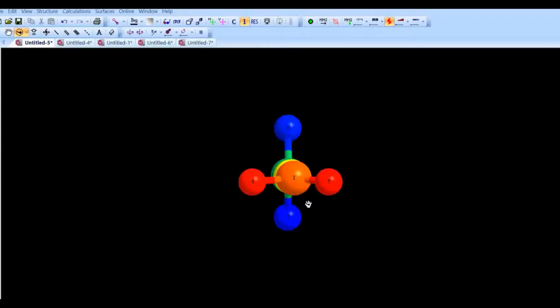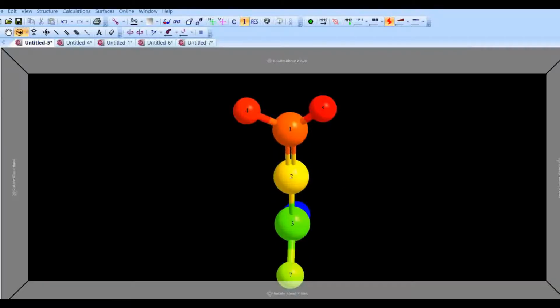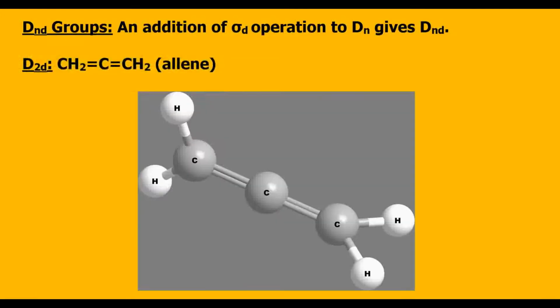A similar dihedral plane will be a plane passing through atom number 4, 1, 5 and the remaining carbon atoms. If I cut the molecule like this, then also it will be divided into two equal parts, and therefore it is a dihedral plane. And that is how we explain that this allene molecule belongs to the D2d point group.